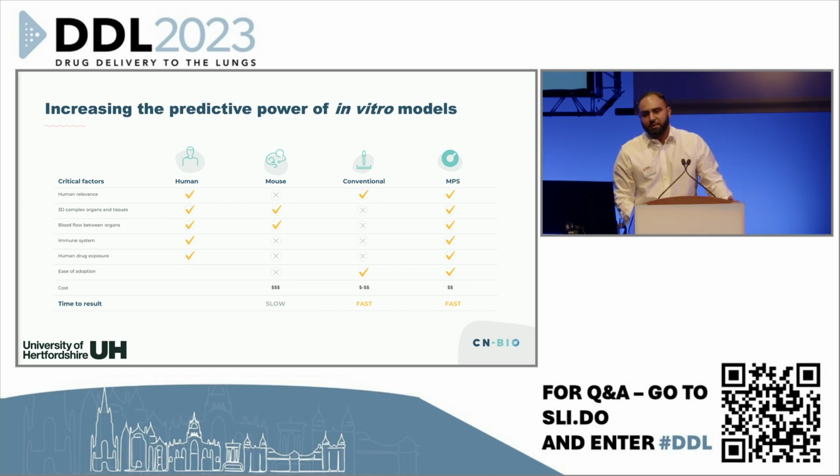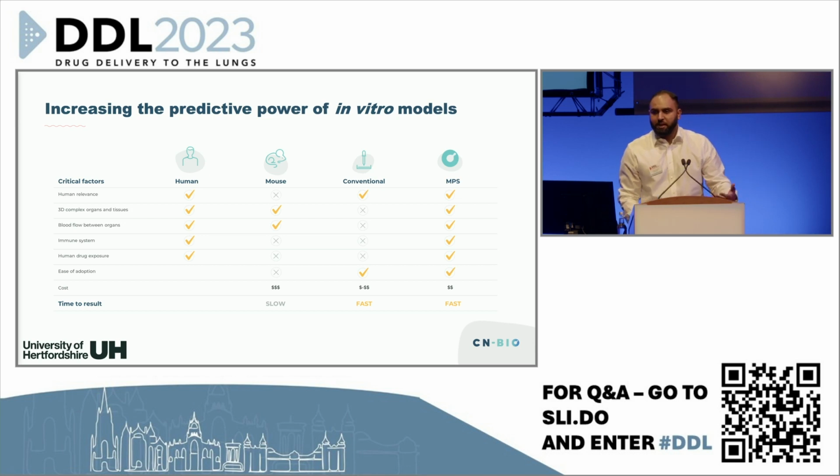But why do we need these cell models? Yesterday, we heard a really good talk about the need for more predictable models by Professor Trainee. And we all know that animal models just lack that human relevance to be a powerful tool for predictability.